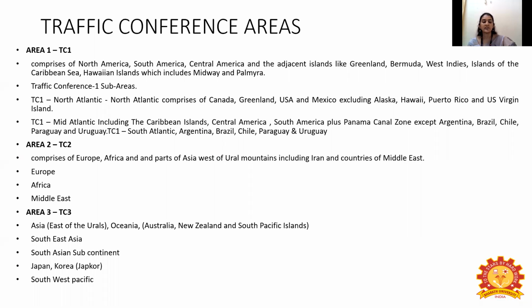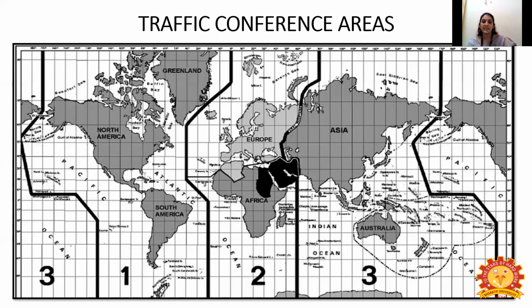This explanation gives you what countries come under each area. You can have a look at it. Europe, Africa, Middle East, Southeast Asia and Southwest Pacific, everything comes under this. Based on these traffic conference areas, the fare is calculated with the help of the global indicator. So the global indicator along with the traffic conference area will determine the fare value.